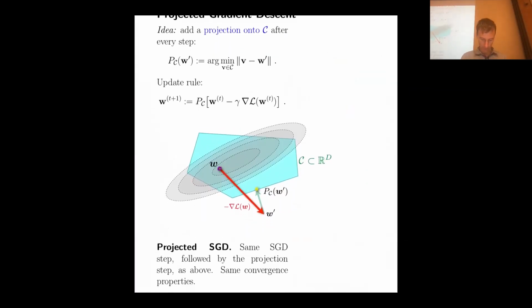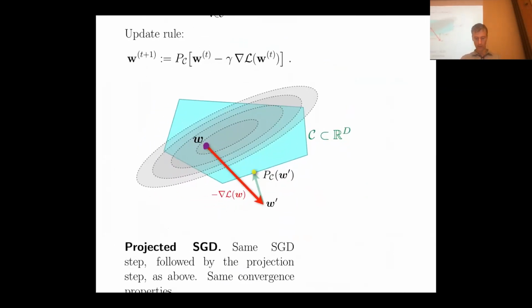Because when you're currently at your current point and you take a gradient step, here's your gradient step. The problem is that your new point, so maybe this is WT, then you go to a new point, WT plus 1, right?